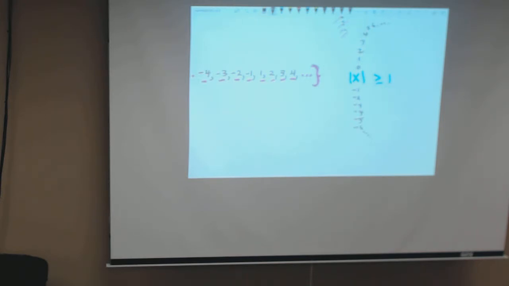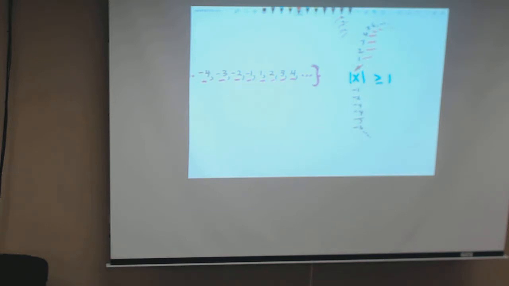Now is the absolute value of 0 greater than 1? Nope, so 0 doesn't work. You follow me? I can't use 0. 1? No. The absolute value of 1 is equal to 1, so I could use this one. That one works, that one works, that one works, and all the rest of them after that.